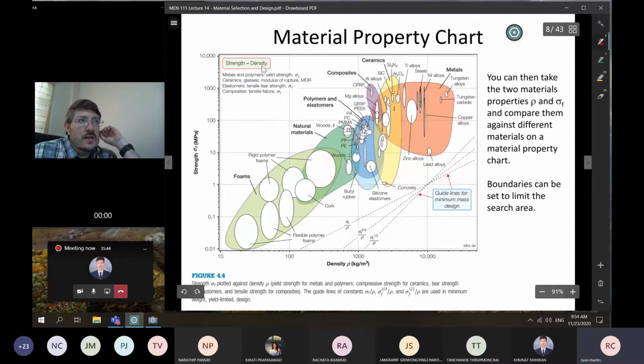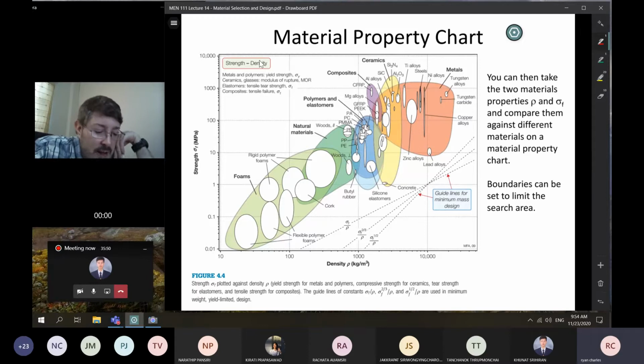So here's a strength density property chart. Obviously, it's going to be common in mechanical applications to want materials with low density and high strength. We very rarely want the opposite of that in a mechanical application.